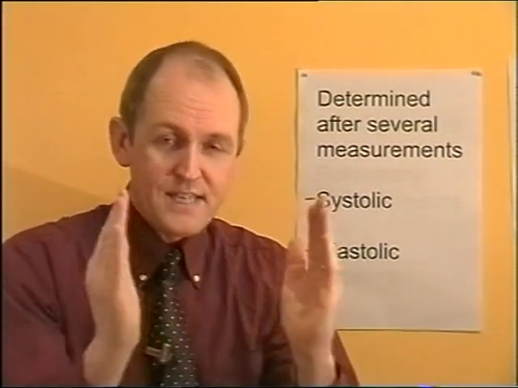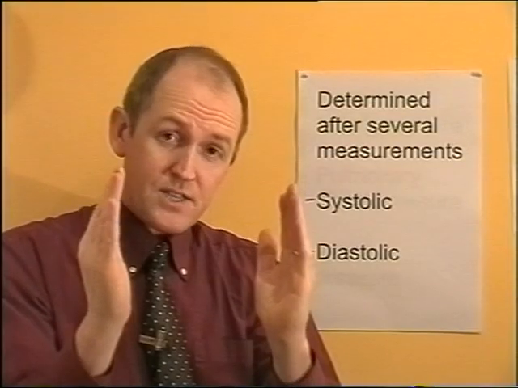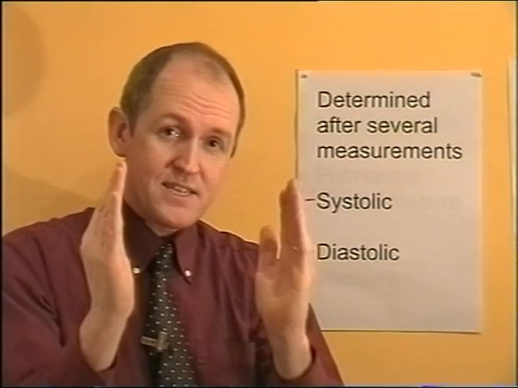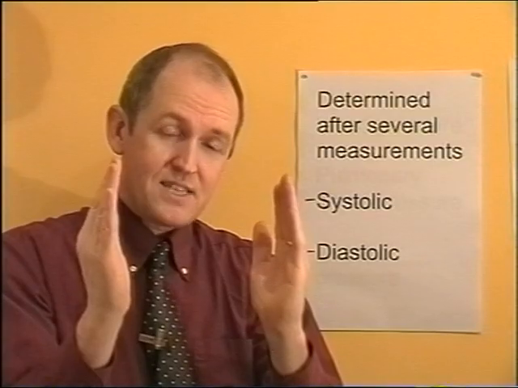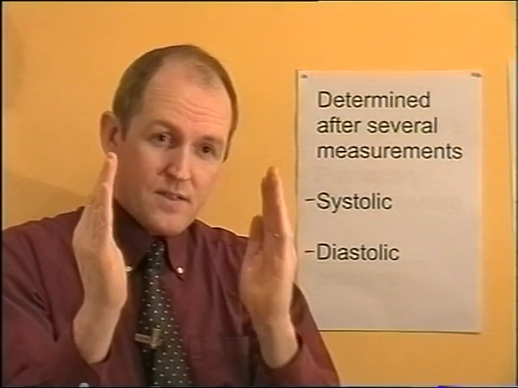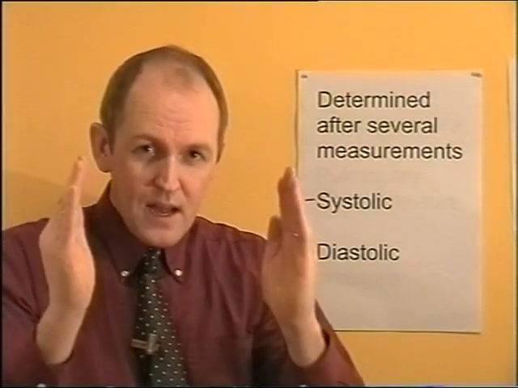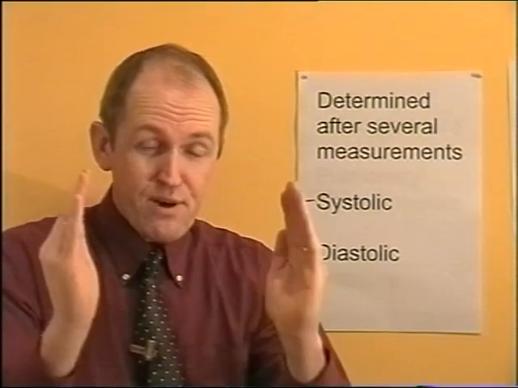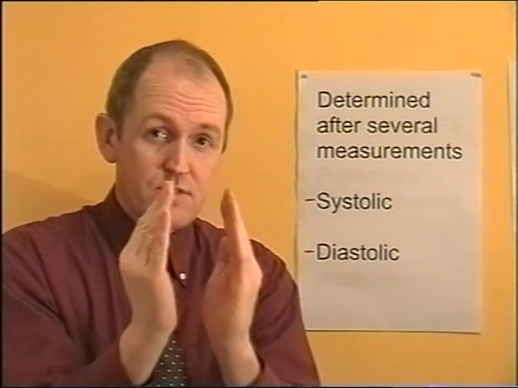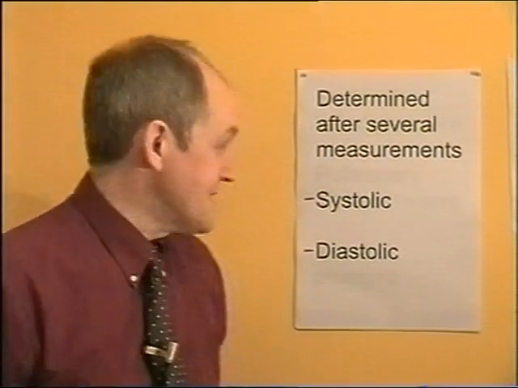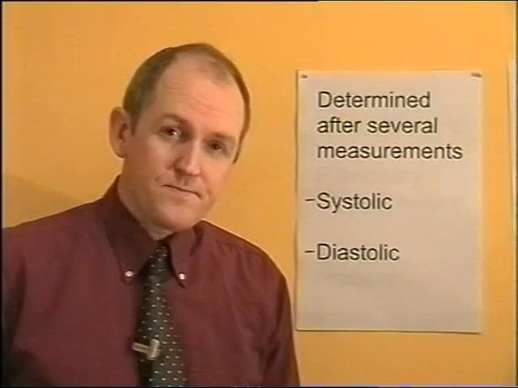The pressure will widen the arteries. But the arterial system is very elastic, and then when the heart is relaxing and the pressure is lower, then the arteries will recoil. There's an elastic recoil. And that elastic recoil is pressing on the blood which is left in the arterial system. And that maintains a diastolic blood pressure.